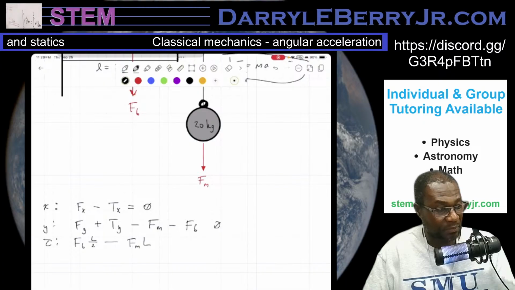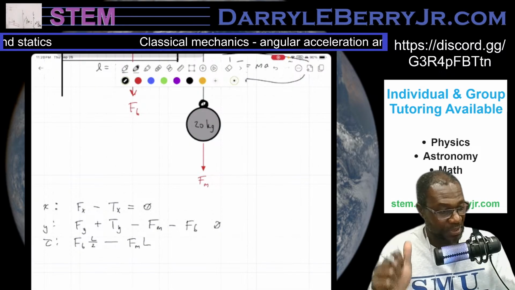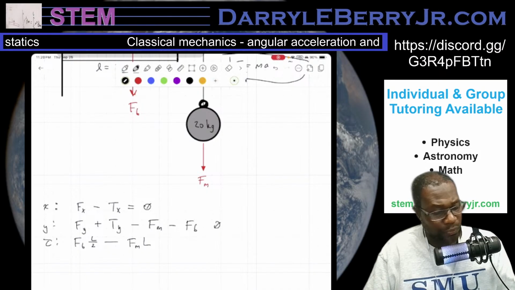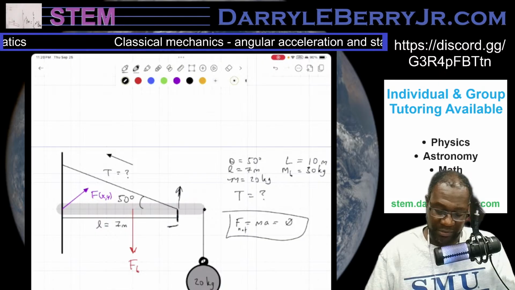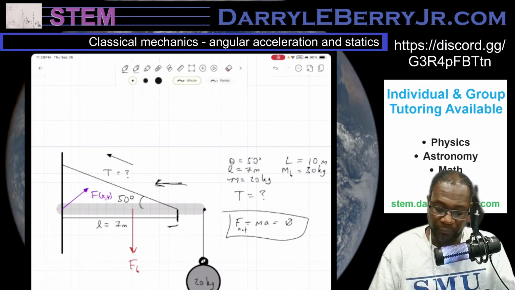And then we have another torque. It's going to be the tension wire itself. That torque is going to be the part that's pulling up, because the tension wire is pulling up and to the left. The left component of the tension force is not making it spin, it is making it go straight into the wall.